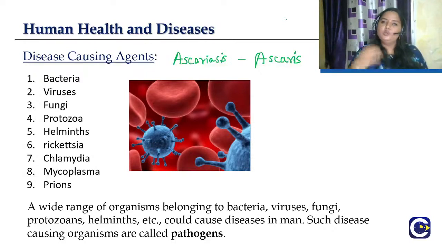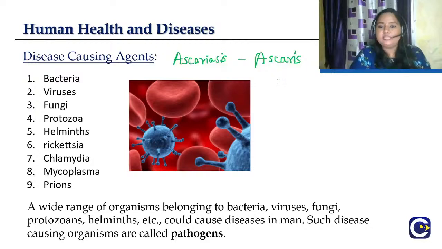And since we are losing all the nutrients, we become anemic. Internal bleeding, muscular pain, fever, anemia, blockage of intestinal passage, because more and more Ascaris can just block the intestinal passage. How do we diagnose this?